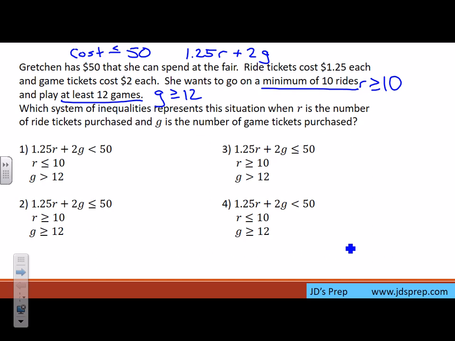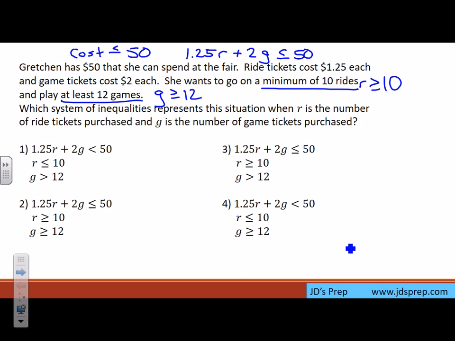So 1.25R plus 2G gives us the total cost of the tickets that Gretchen is purchasing at the fair. And as we said, that total cost must be less than or equal to 50. So our system of inequalities must have these three inequalities in order to be correct.